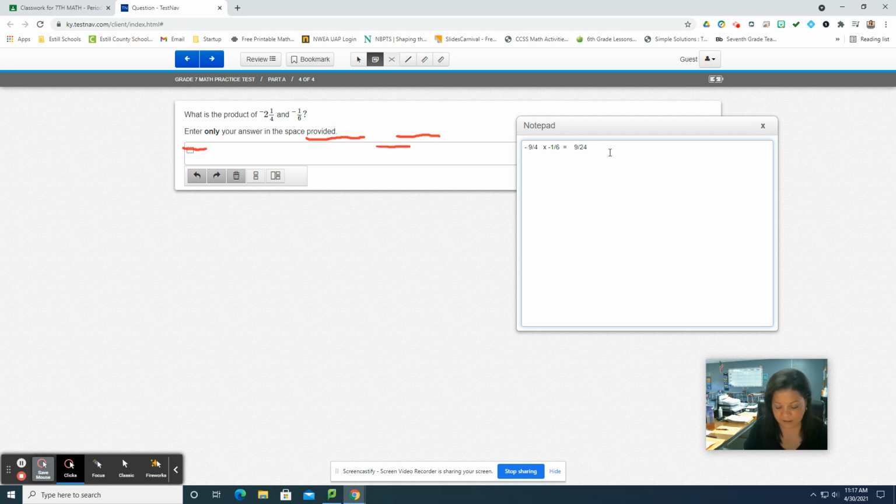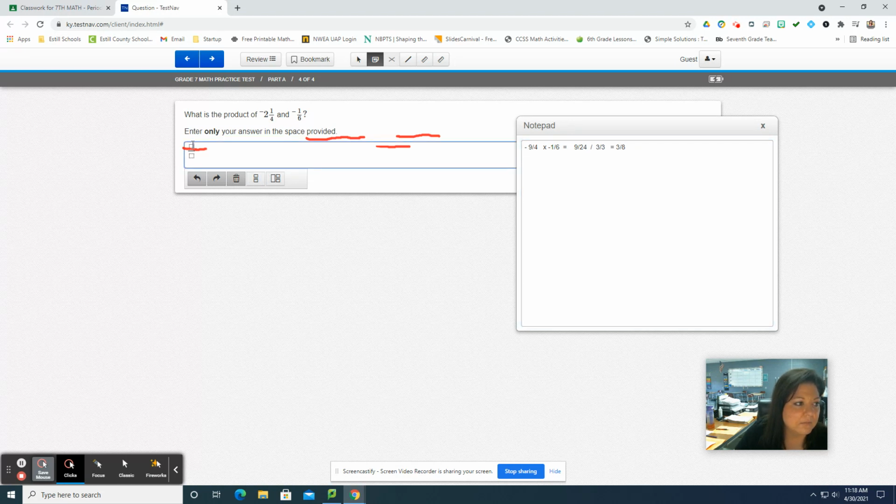So let's divide this by 3/3, okay? That's simplifying it. So 9 divided by 3 is 3. And 24 divided by 3 is 8. So our final answer in fraction form is going to be 3/8.